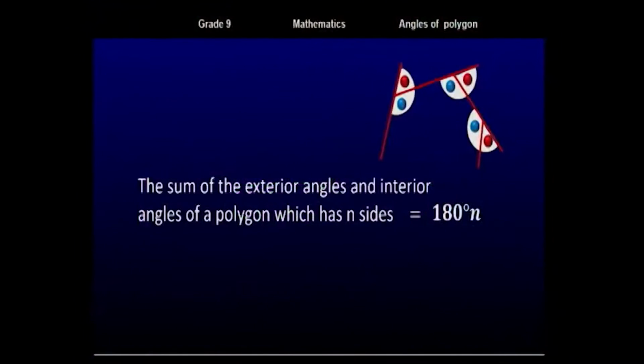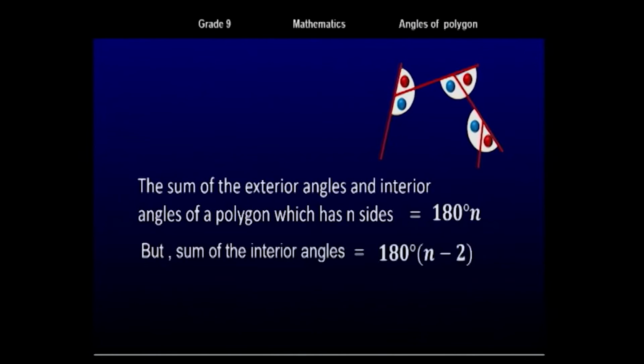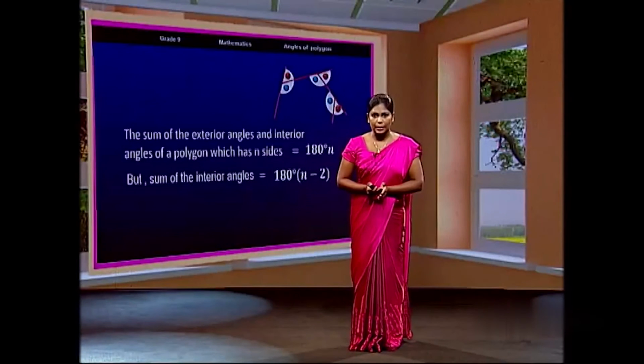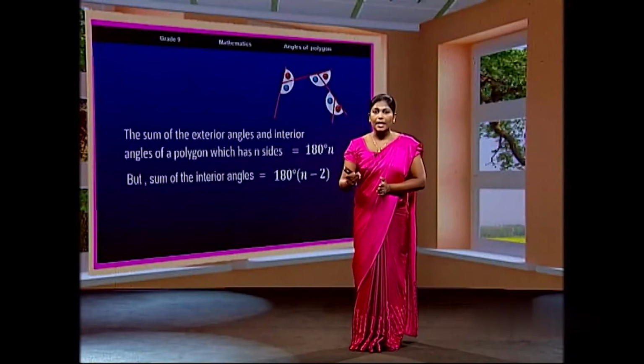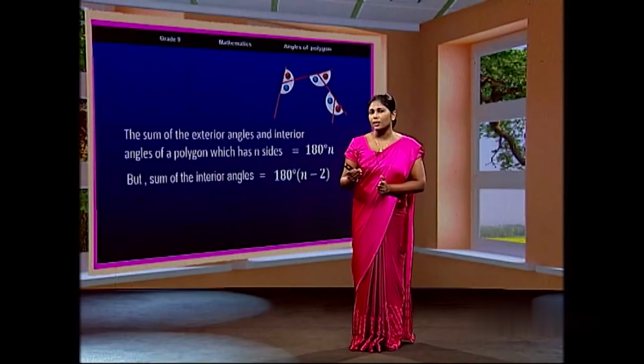Then the sum of the exterior angles and interior angles of a polygon which has n sides is 180 into n, but the sum of the interior angles is equal to 180 into (n minus 2). Today we learned about that theory. The sum of the interior angles is equal to 180 degrees into (n minus 2).